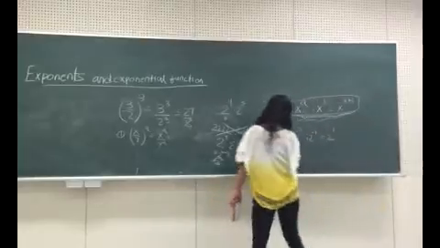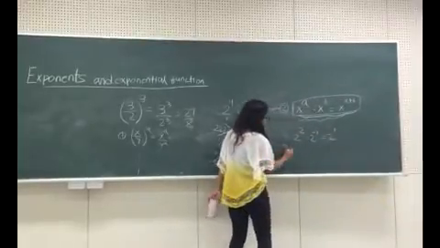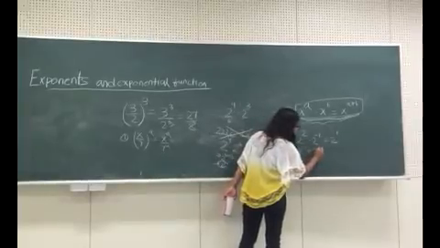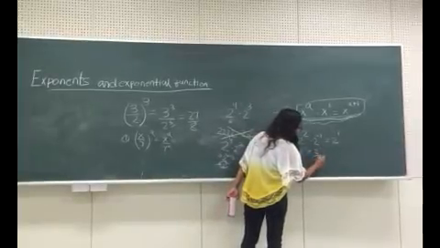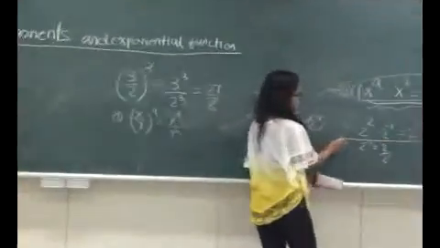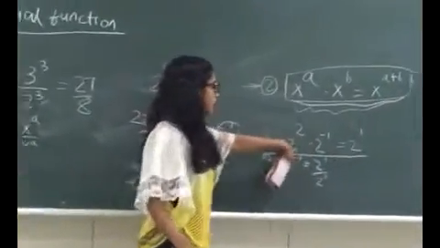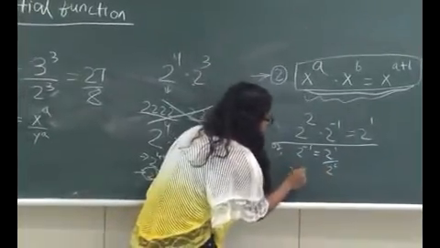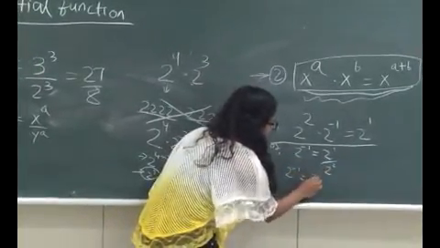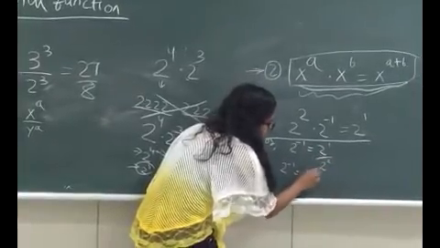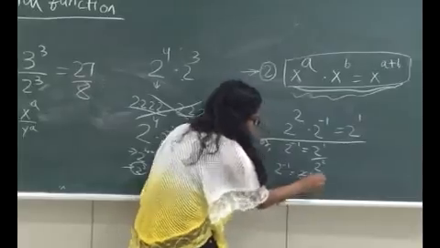So now, this can be written as 2 to the power minus 1 equals 2 to the power 1 divided by 2 to the power square. From this line, when we take this power 2 down, 2 to the power 1 minus 1 becomes 2 divided by 4, which is basically 1 by 2.